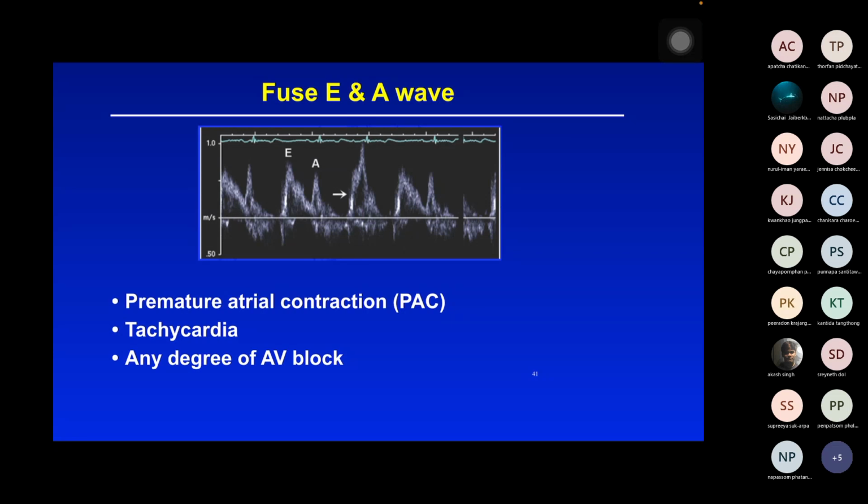This condition is called the fused E and A wave. In some conditions we see the fused E and A wave, for example, the PAC, premature atrial contraction. At the beat of the arrow point here, the patient has the PAC. You see it is different from the other ones.